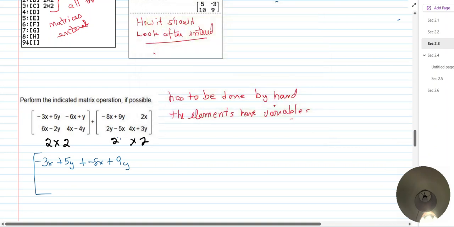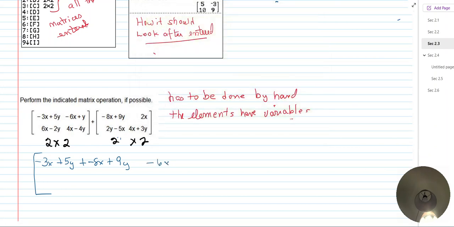And the second one is a negative 6x plus y plus 2x. Now on my second row, I have a 6x minus 2y plus 2y minus 5x. And then I'm going to have 4x minus 4y plus 4x plus 3y. All right.